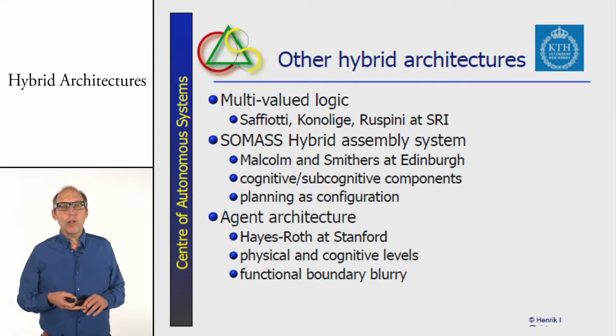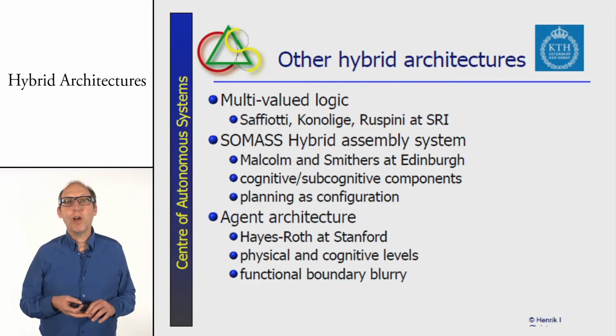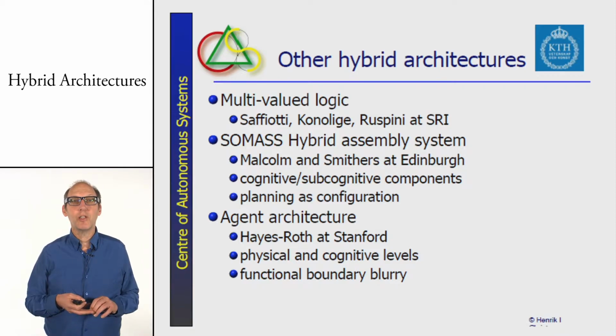So I talked a lot about examples of hybrid architectures, but I'm far from complete. Here is a list of different hybrid architectures that have been tested, and the conclusion of all this exploration of hybrid architectures is that this is actually the way to go, that you should couple deliberative elements with reactive elements.